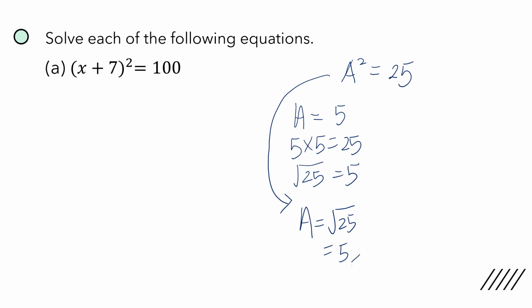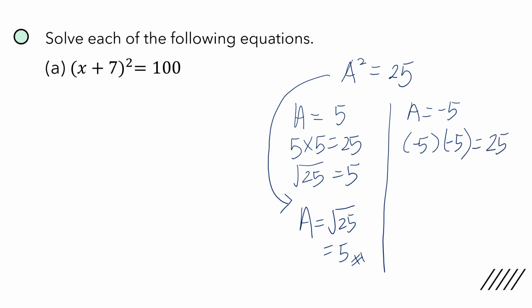A second possible answer will be a equals negative 5. Why is that so? Because negative 5 multiplied with another negative 5 will also give you 25. So hence there's another answer for a, and that is negative bracket square root 25, which gives you negative 5. So basically, when you have something squared equals something, there are two possible answers.